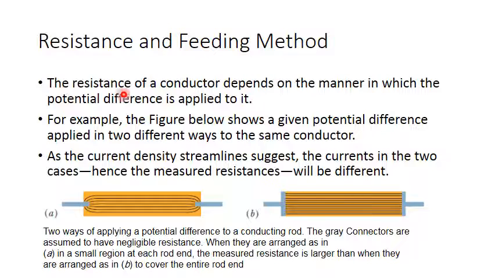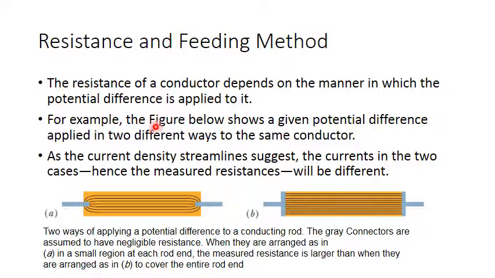The resistance of a conductor depends on the manner in which the potential difference is applied to it. We have a way to apply the potential difference to this sample and another way to apply the same potential to the same sample. According to this method, we obtain a greater current than with the other method.